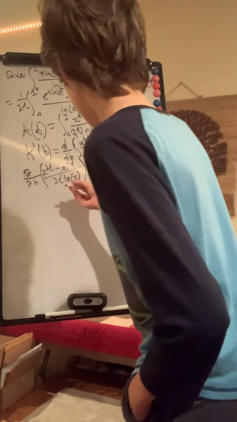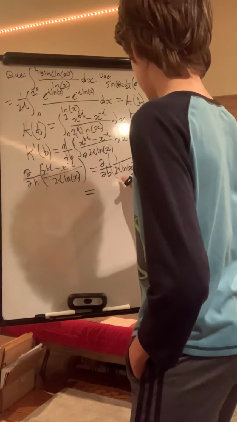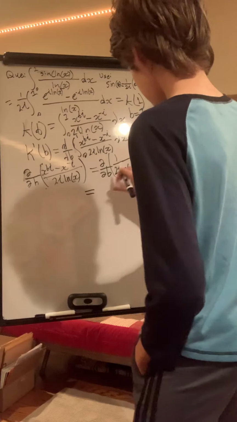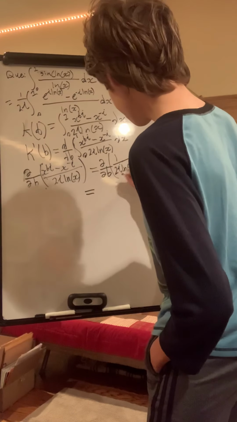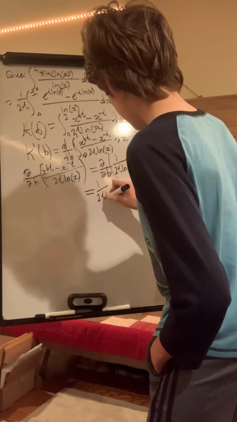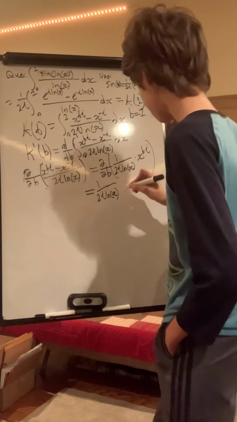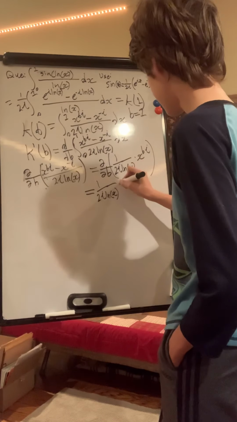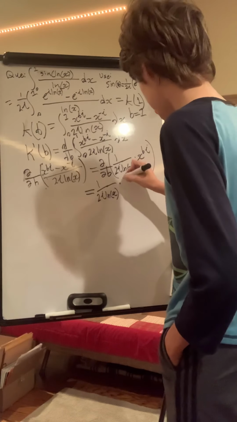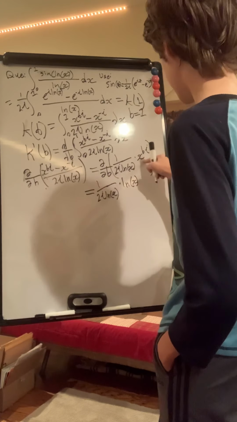So we just have that this is equal to 1 over 2i ln x, and then times, okay, so we obviously have our ln x because that's our base and this is a constant.